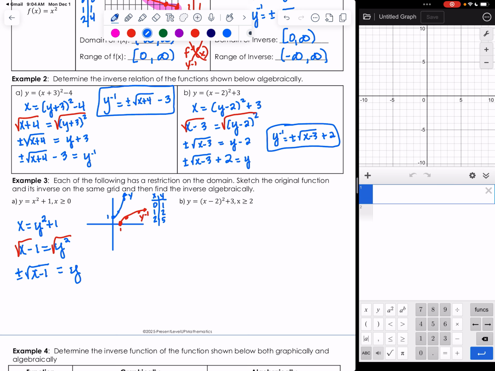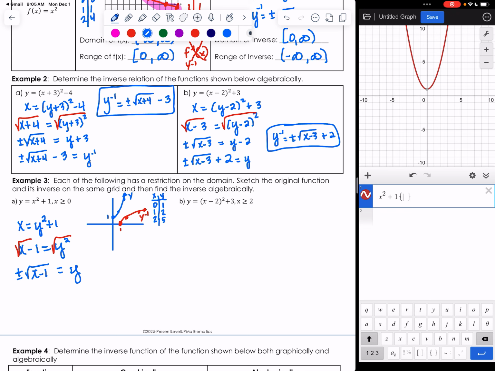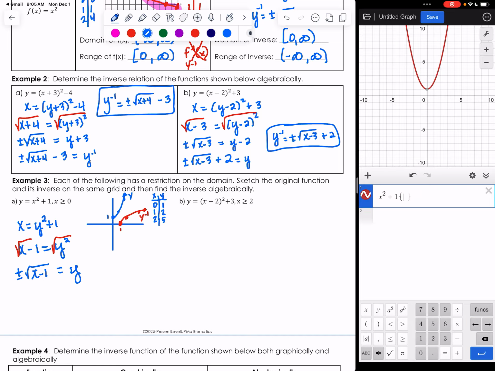Now, here's the problem. We have two functions shown here. Let me show you what I mean. Let me graph the original function. X squared plus 1. And then I need the curly brackets for the domain restriction. X greater than or equal to 0. Okay, so there's my half parabola, all right?